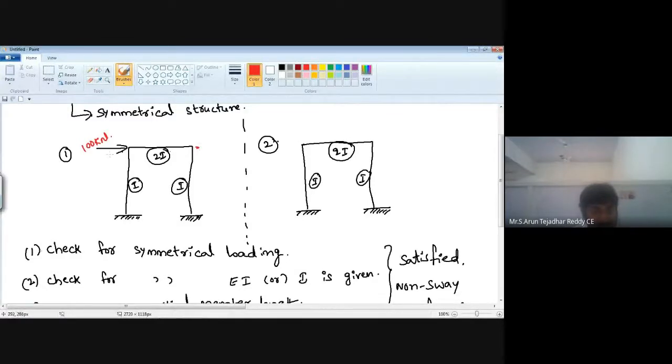So the first condition is not satisfied. This is not a symmetrical loading. We have 100 kilonewton only on the left side, and no load on the right side.